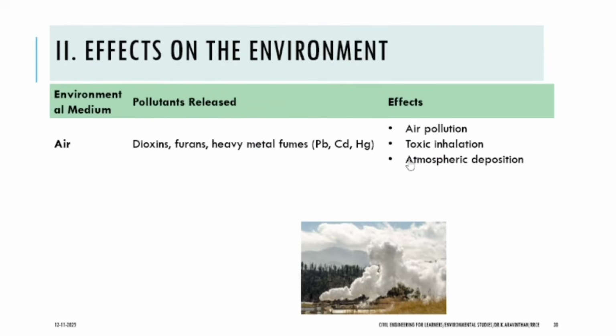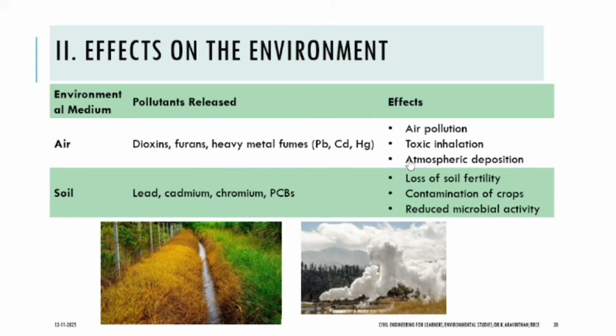What will happen to the environment? How does e-waste impact the air? Dioxins and furans, these gases pollute the air, with toxic inhalants and atmospheric depositions. For soil, I have seen this kind of soil fertility loss. Imagine you are discharging e-waste and that e-waste is going through this small drainage.